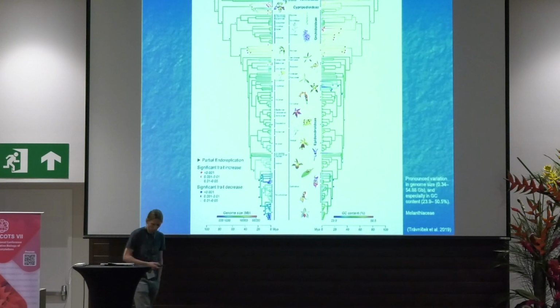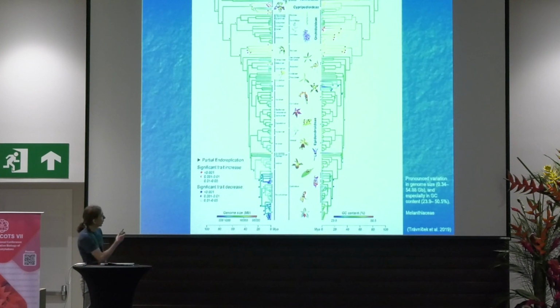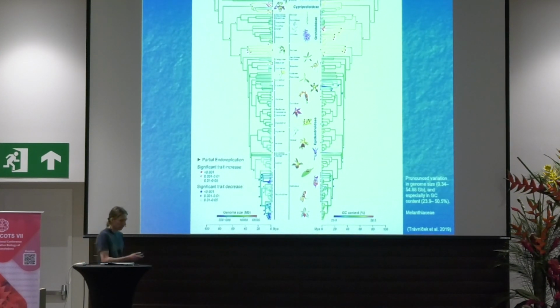We are also interested in other genome-wide traits. On the left, it's genome size. On the right, it's the proportion of GC base pairs in genomes. And this is across orchid phylogeny. Our first insight into this, where we mapped this on some phylogeny, and you can see some patterns. There is some variation.